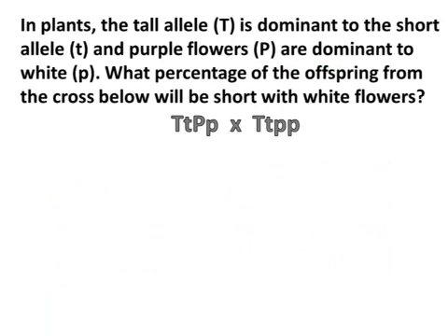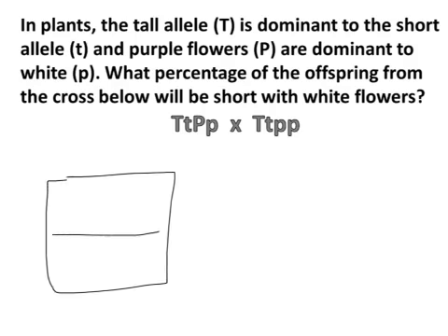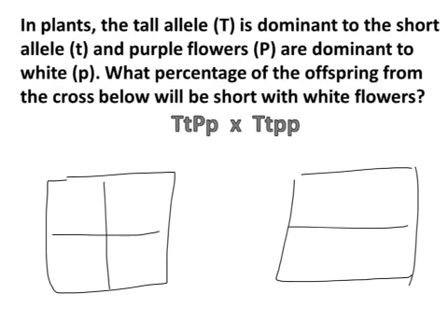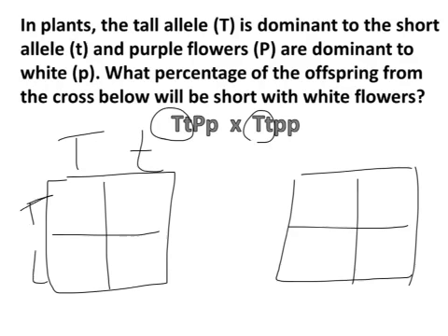In this one, I've got plants. The tall allele is dominant to the short allele, and purple flowers are dominant to white. What percentage of the offspring from the cross below will be short with white flowers? So I'm talking about two traits here. I'm going to draw my square first for height. There are the gametes from one parent and the gametes from the other parent.